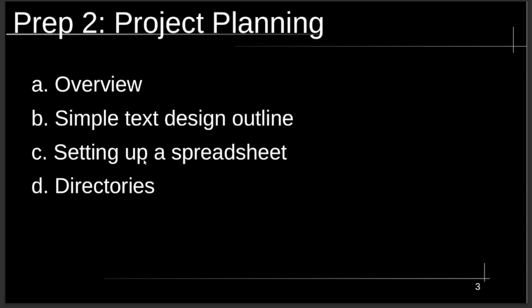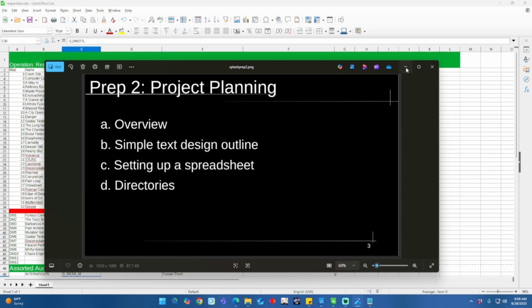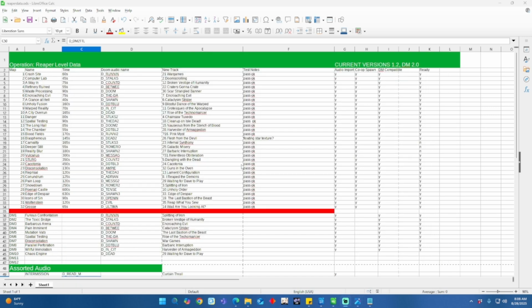Look at setting up a spreadsheet. I'll use my Operation Reaper as an example. And directories, because you want to have your files organized. So we'll start from the bottom up, okay?